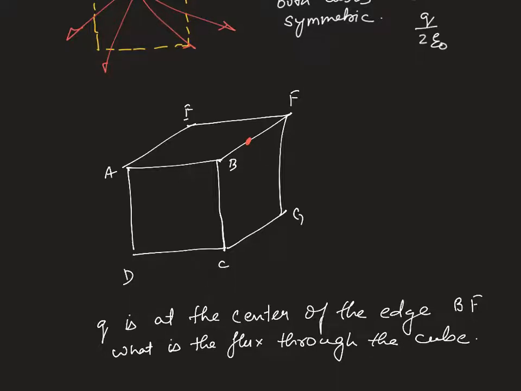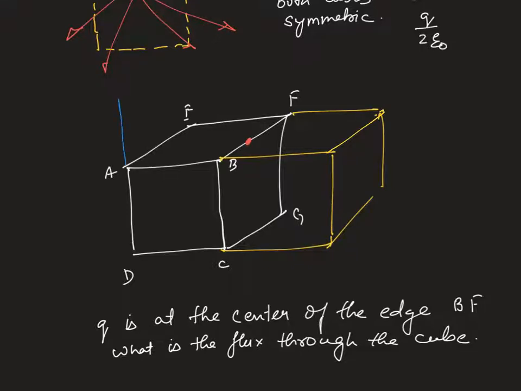Now, in order to fully cover the charge completely symmetrically, how many cubes do we need? We can have a cube like this. And then we can have 2 cubes above it. So the 2 cubes above it, I'll show it in blue.